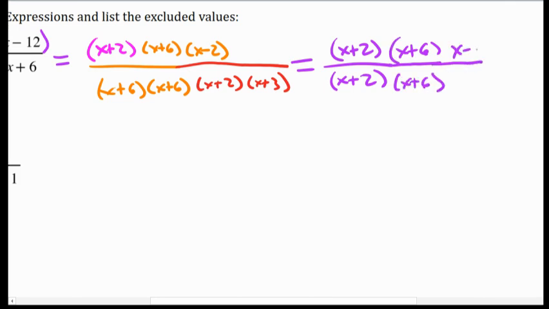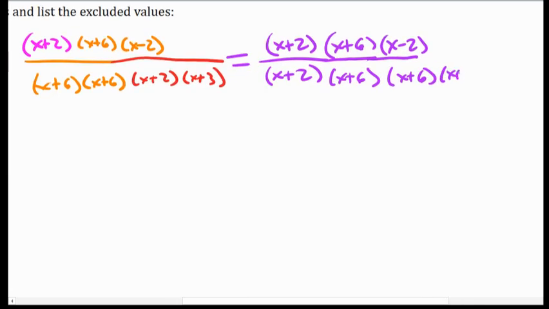This x minus 2 on the top doesn't match up with anything else, so I just have to make sure I have everything else on the bottom here. The reason I can rearrange that is because in multiplication, the order doesn't matter. If I do 2 times 3 or 3 times 2, I still get 6.